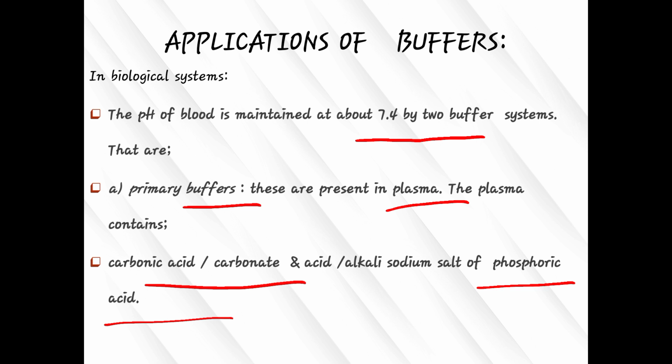The pH of blood, 7.4, is maintained by two buffer systems: a primary buffer and a secondary buffer. The primary buffer is present in plasma, containing carbonic acid or carbonate and acid or alkali sodium salt of phosphoric acid.